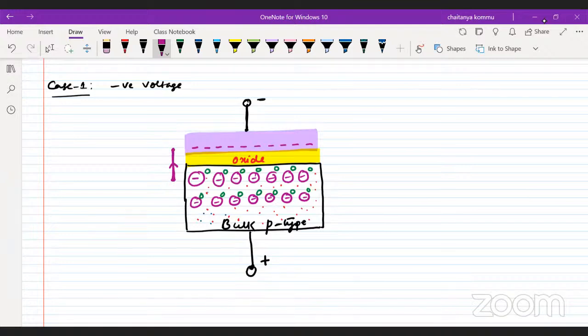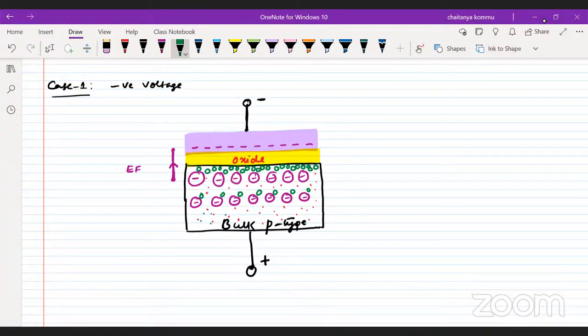Because of this electric field, all the majority carrier holes are attracted towards the surface. In the p-type, holes are the majority carriers. They are accumulated under the surface of the oxide. Sorry, under the oxide.